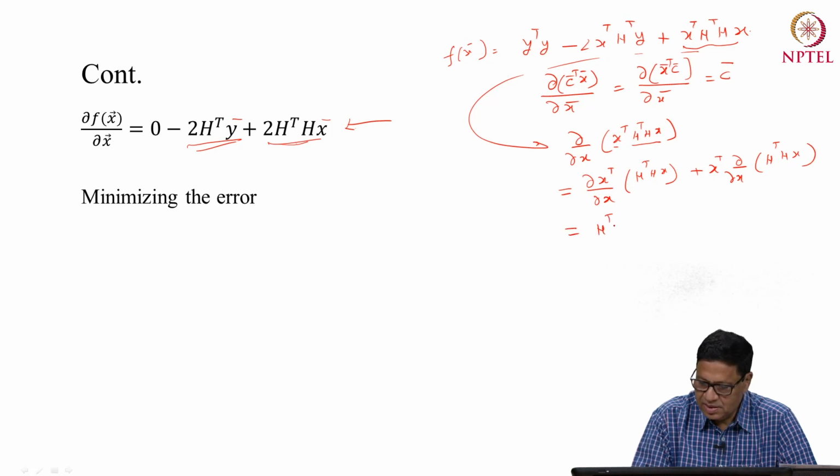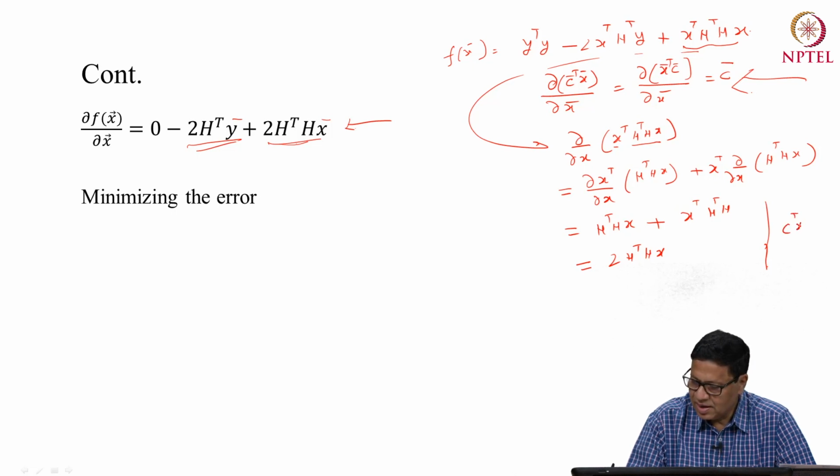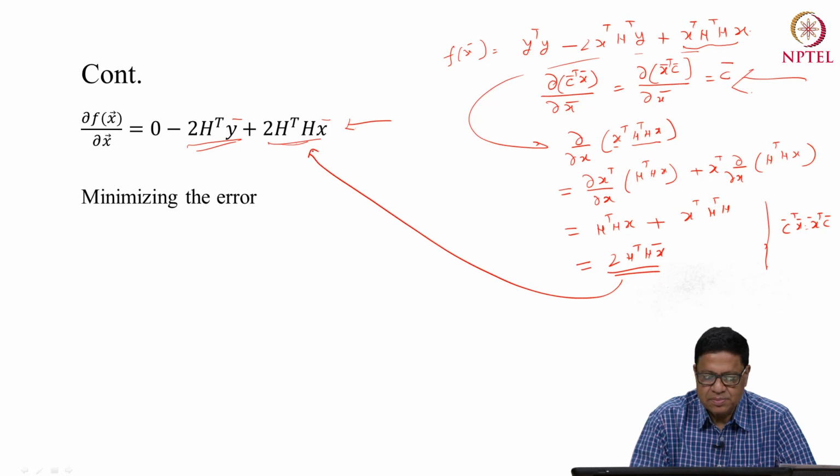This gives me H transpose H x plus, for the second part, x transpose H transpose H, where I have used one of those earlier equations which I had discussed. So this gives me twice H transpose H x, where I have used the other equation, that c transpose x is equal to x transpose c, and these are all vectors. This is how I get this term.